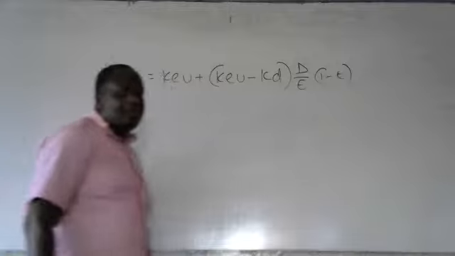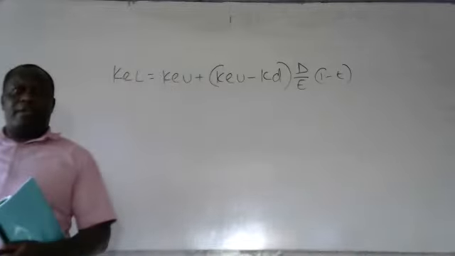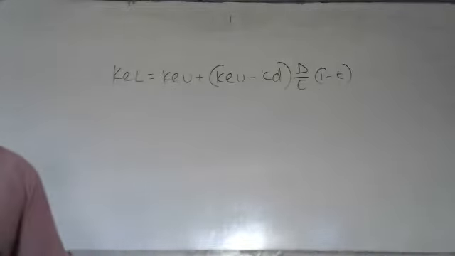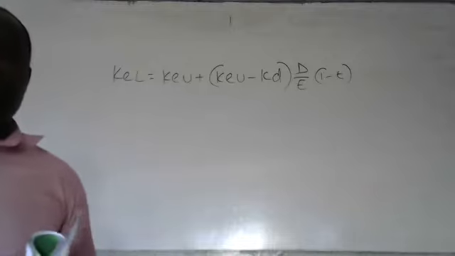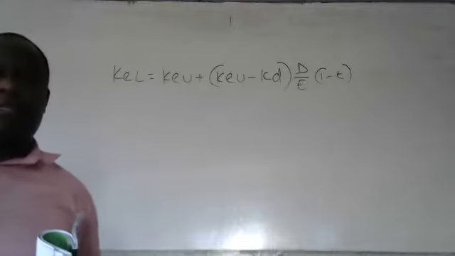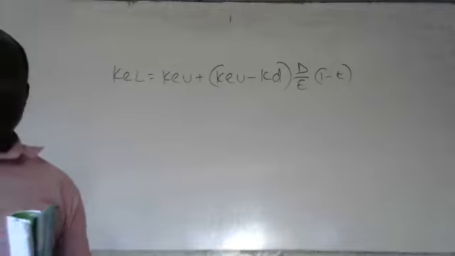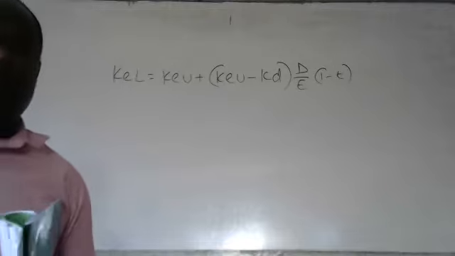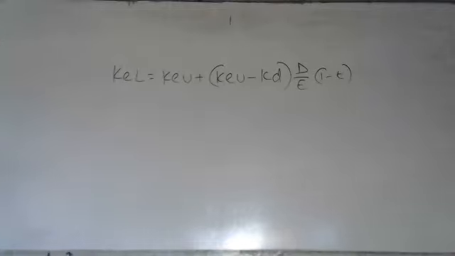So to compute our KEL, we shall have KEU, then we add in brackets KEU minus KD, then D over E, then 1 minus the tax rate.